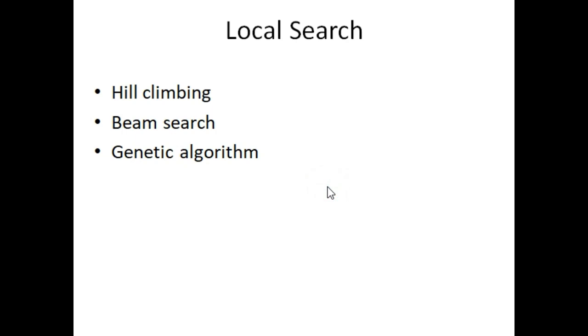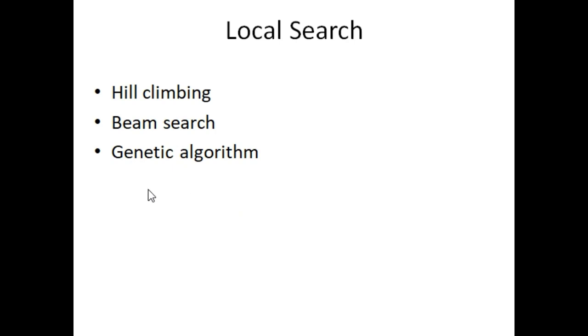So just look at this slide again: there are three different types of local search technique, hill climbing, beam search, and we talked about the beam search technique in this video lecture. And the third type is the genetic algorithm.